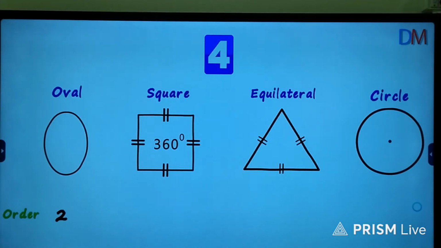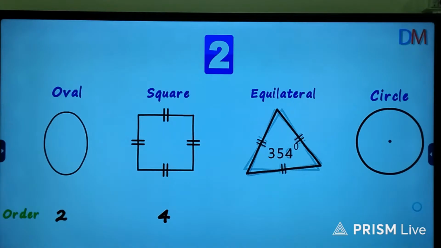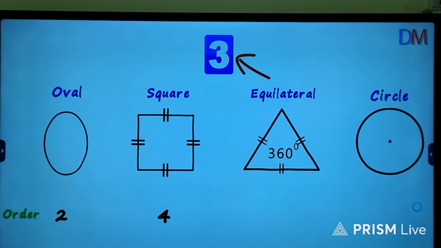Clearly, the order of rotational symmetry for a square is 4. Now for the equilateral triangle. 120 degrees, at 240 degrees, and at 360 degrees. 3 times in one complete rotation. The order is 3.